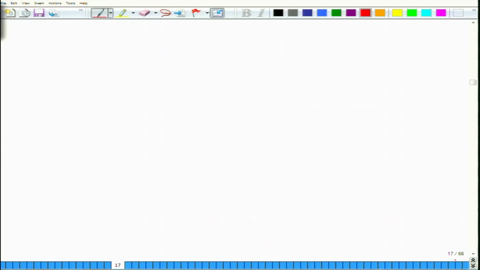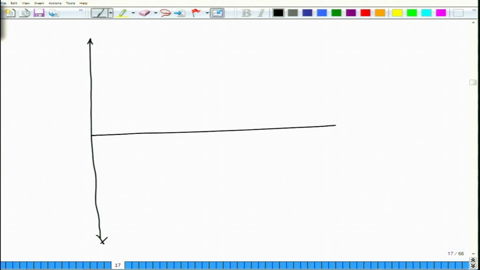Okay. So, now let us make a plot. So, this is 0 and this is T in Kelvin. We are going to plot both H and G. The H for a given phase will vary like this.